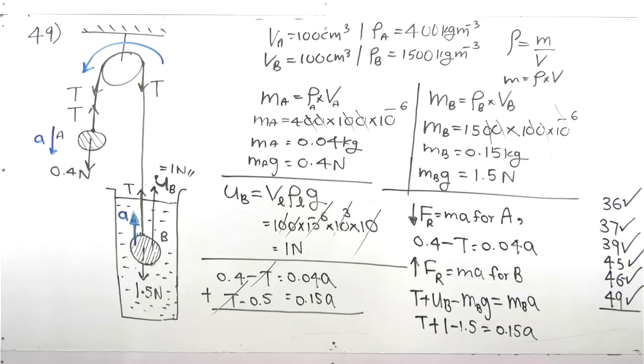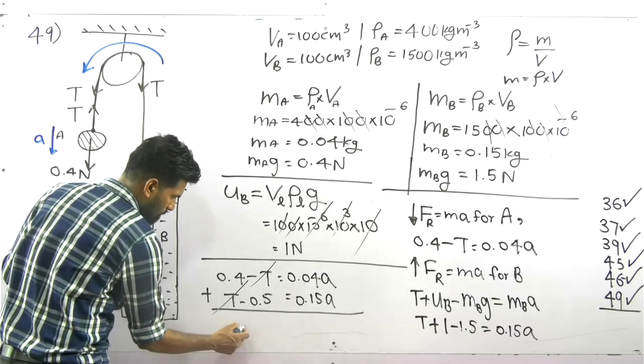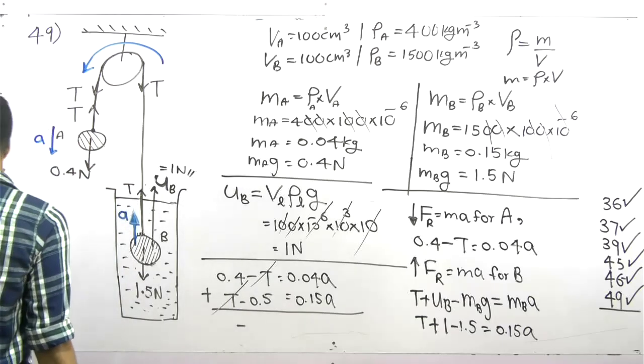Weight of A 0.4, so 0.4 minus T is 0.04 A. And for B, tension T plus upthrust 1 minus weight 1.5 is equal to 0.15 A. Adding them, here it gives a minus answer. Wait.